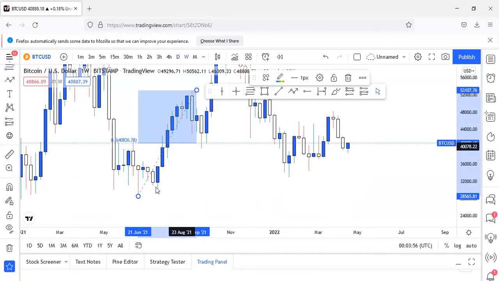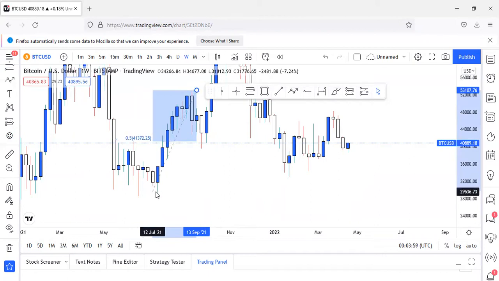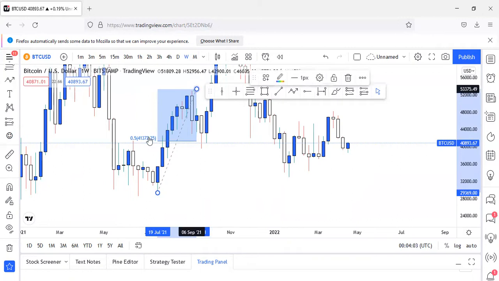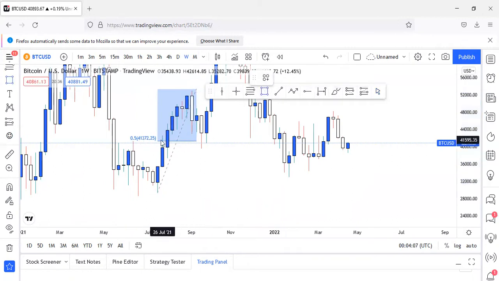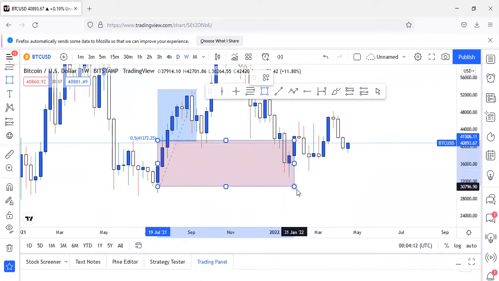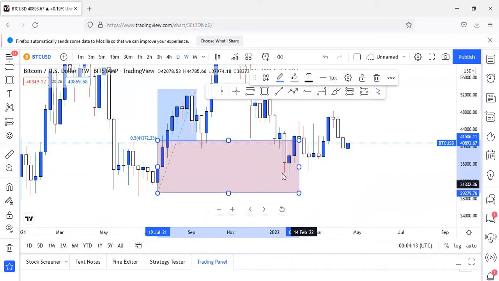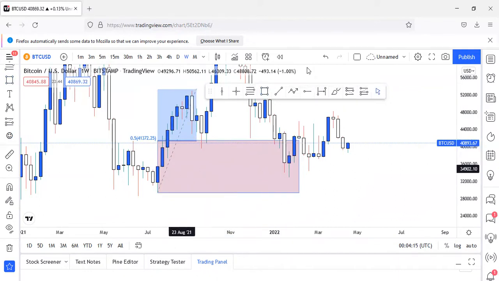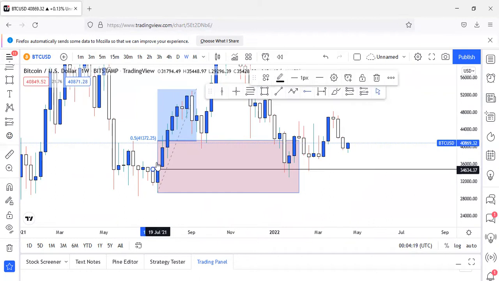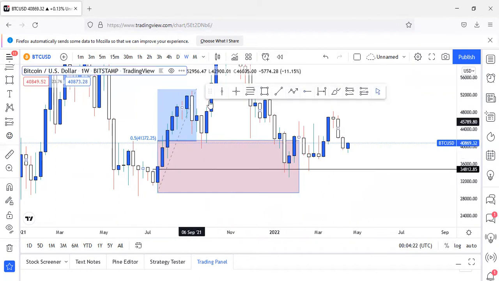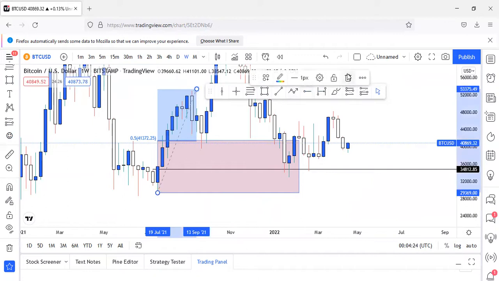So when you drag your Fib from this low here to this high, the one that broke this structure here, you will notice that this is our 50% level, the equilibrium zone. Then we have our discount zone around here. So I will be looking for a block right here. This is our weekly order block, and that's the order block I'll be using on my weekly time frame.